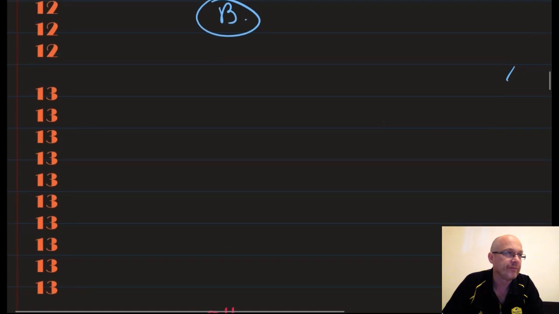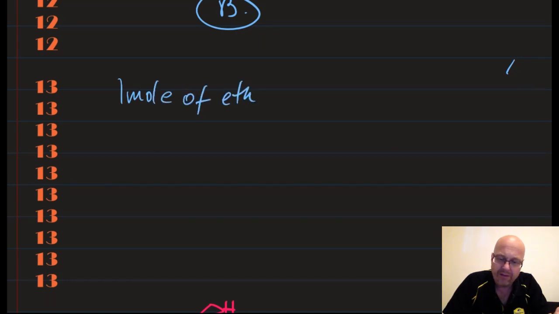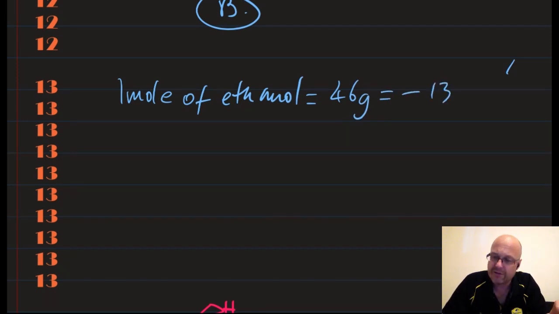Question 13. Which expression gives the mass of ethanol? Oof. Okay, so if I have 1 mole of ethanol, that's going to be 46 grams, and that's going to produce minus 1367 kilojoules per mole.